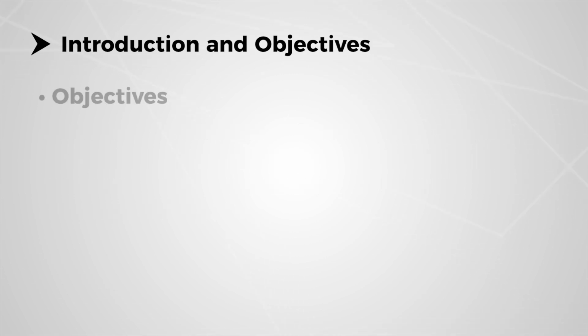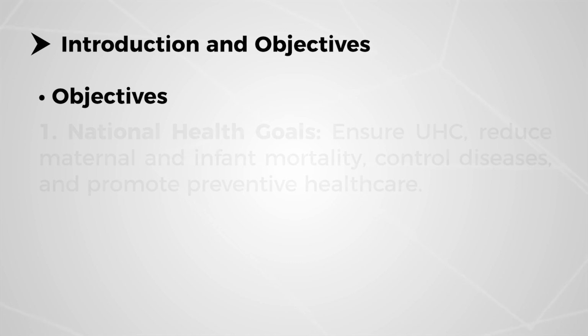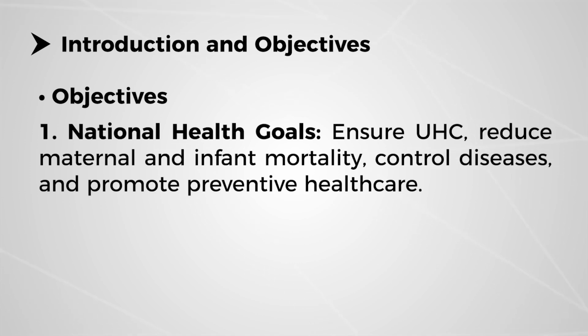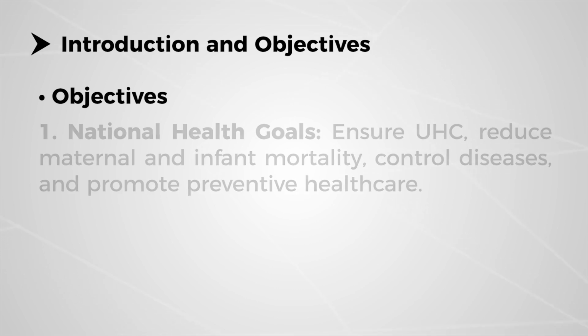So, we have the main objectives. The primary objectives of national initiatives include achieving national health goals, focusing on reducing maternal and infant mortality at the India level, controlling the spread of disease, promoting preventive healthcare systems and achieving universal healthcare systems.